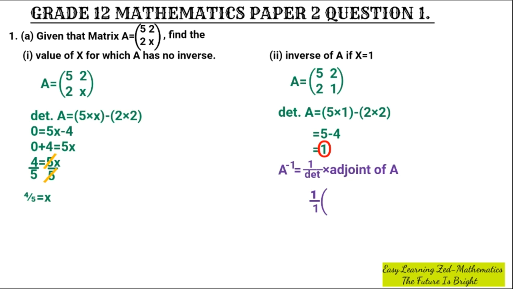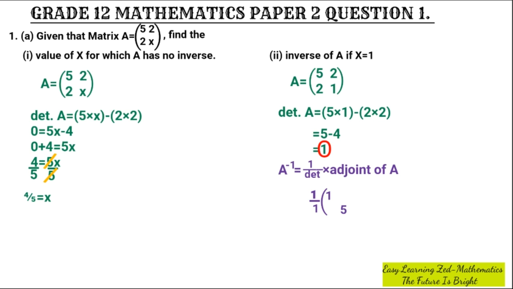The leading diagonal will change positions. That means 5 and 1 will swap positions. So 5 will take the position of 1 and 1 will take the position of 5, like the way I've written down here. They have just swapped positions.